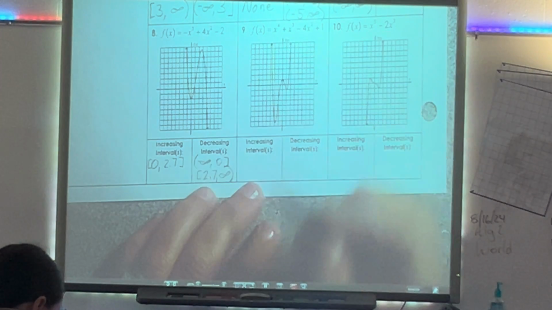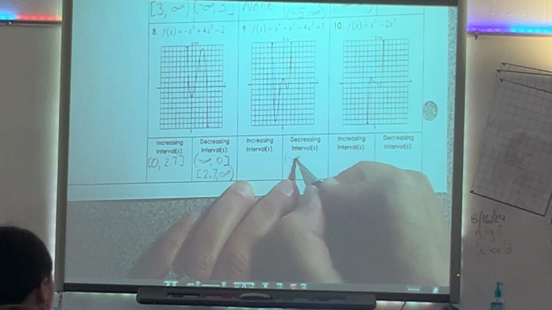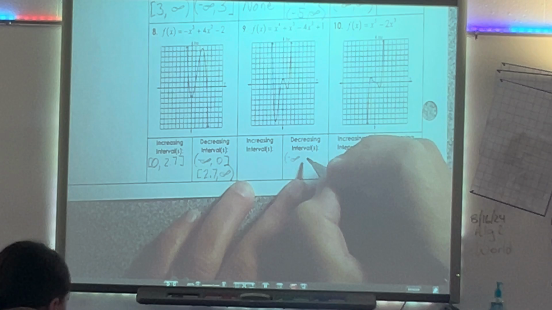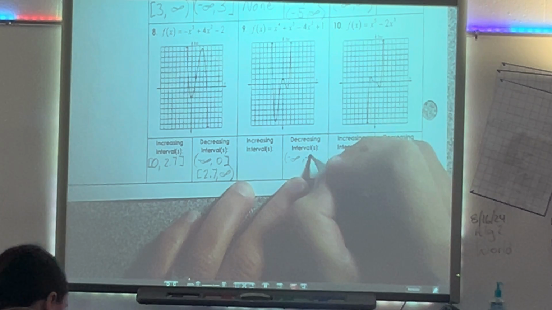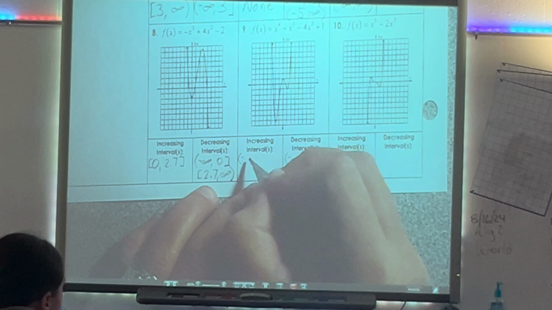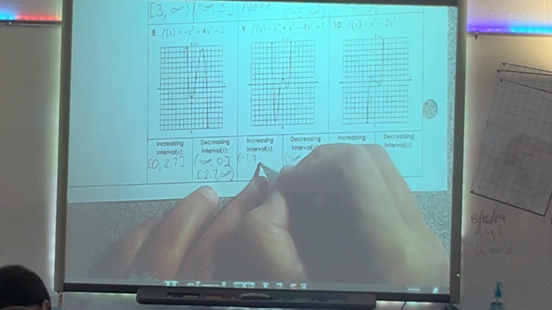This one right here is going to decrease first, so it decreases from negative infinity until we get to that x value, which is negative 1.7. Then it increases from negative 1.7 to 0 right here.